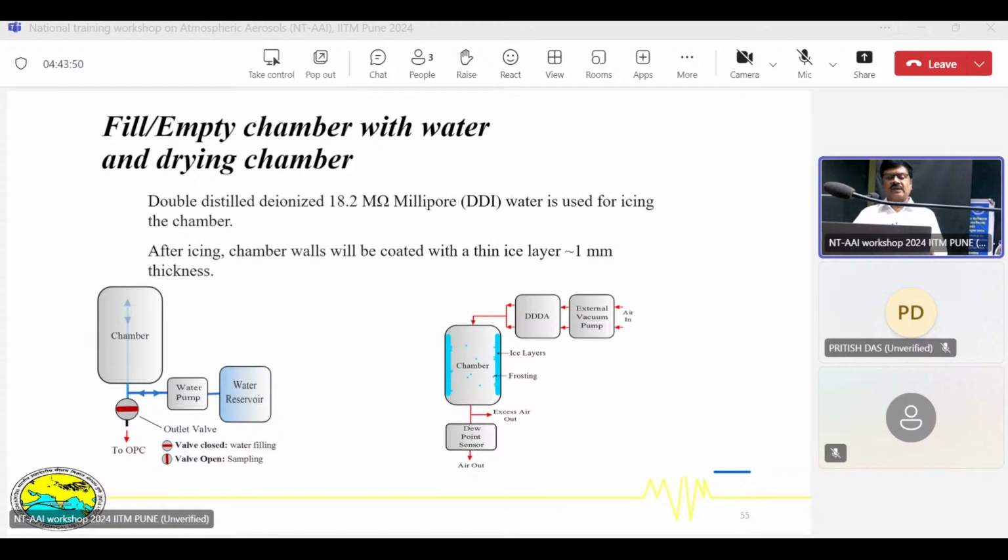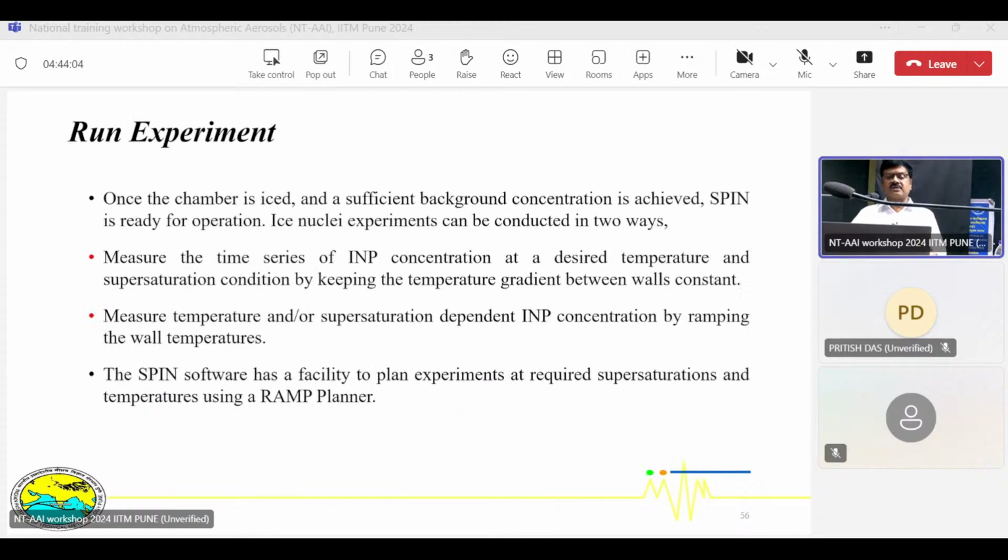For that we need to use Millipore-type distilled deionized water, so that there are no impurities in that water. This is to collect the background concentration. Once the chamber is iced, you will see there is a certain background ice concentration. Now the chamber is ready for conducting experiments.